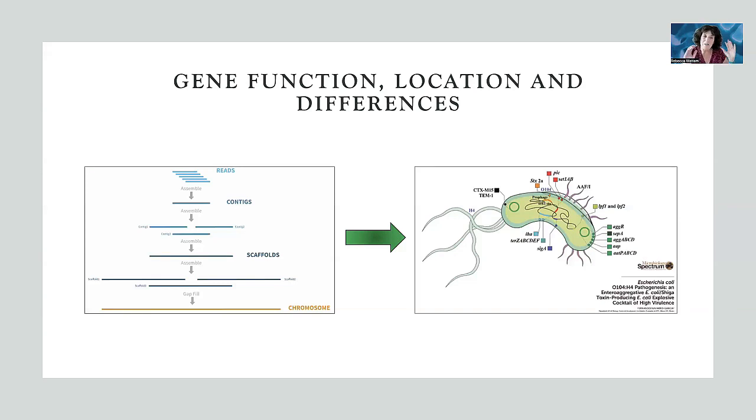So just so you can think about it, here on the left panel is the assembly, where you just have a long string of DNA nucleotides. On the right, this is an actual schematic of the pathogen from the 2011 outbreak in Europe. And it's showing you where those genes are on the organism.